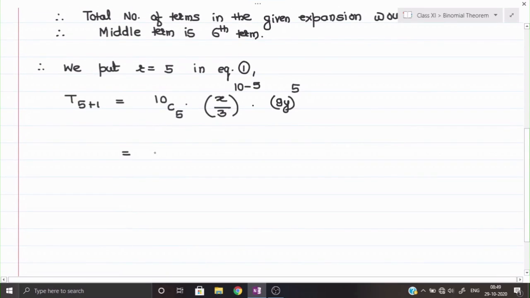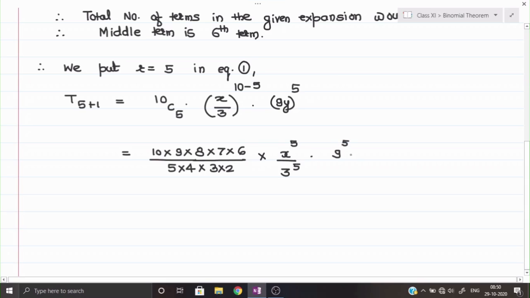So let us open 10 till 5 terms: 10 into 9 into 8 into 7 into 6, and in the denominator factorial 5, so 5 into 4 into 3 into 2, into x to the power 5 upon 3 to the power 5 into 9 to the power 5, and same way multiplied by y to the power 5.